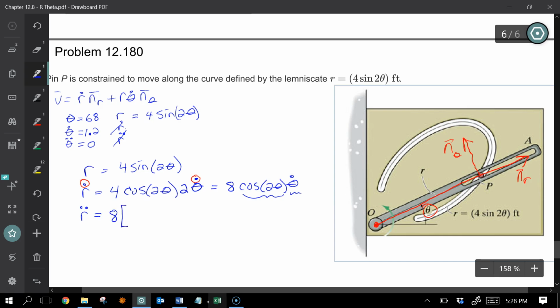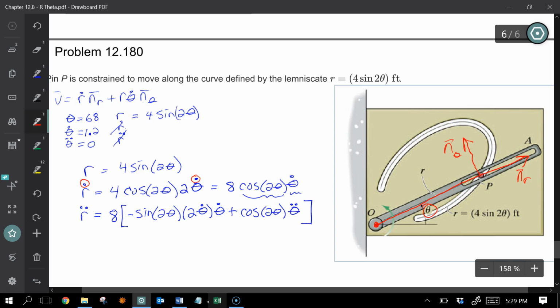The derivative of the first term times the second term: the derivative of cosine is minus sine of 2 theta times the derivative of what's inside, so times 2 theta dot. That's the derivative of the first term times the second term, plus the first term times the derivative of the second term.